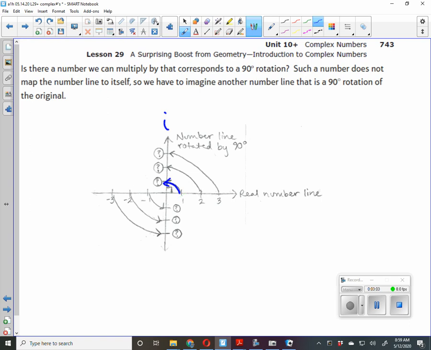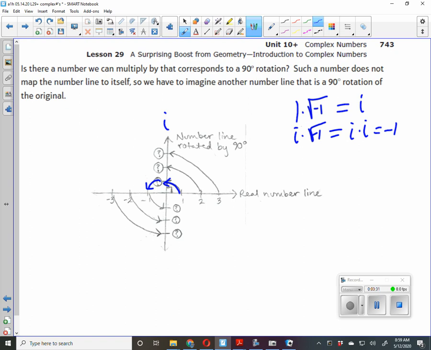So we had 1 times the square root of negative 1, which is equal to i. If I take that square root of negative 1 and multiply it by the square root of negative 1 again, isn't this i times i? And that's going to rotate and become negative 1.